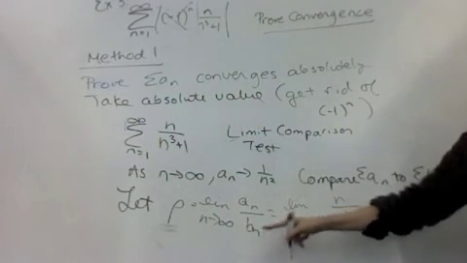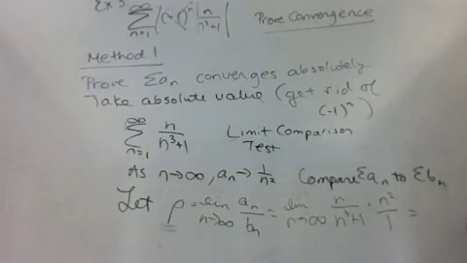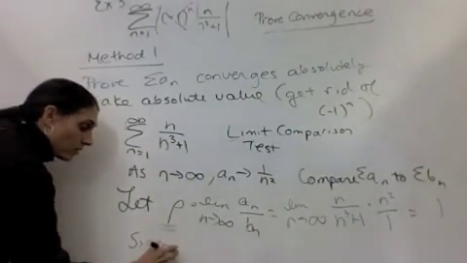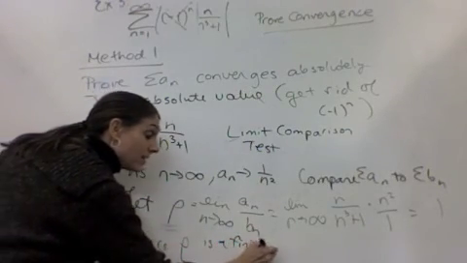I'm going to multiply by the reciprocal, n squared over 1, which equals 1. And because rho is a finite number, you just proved not just convergence, you proved absolute convergence.